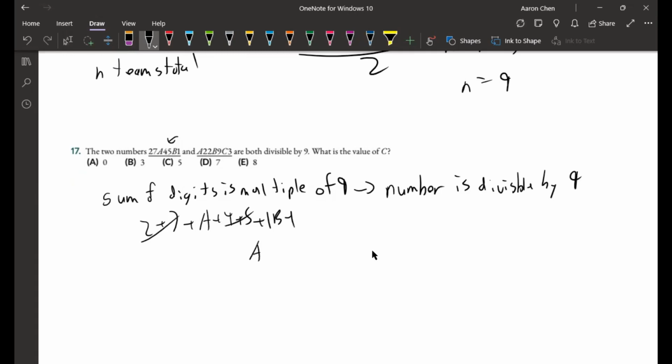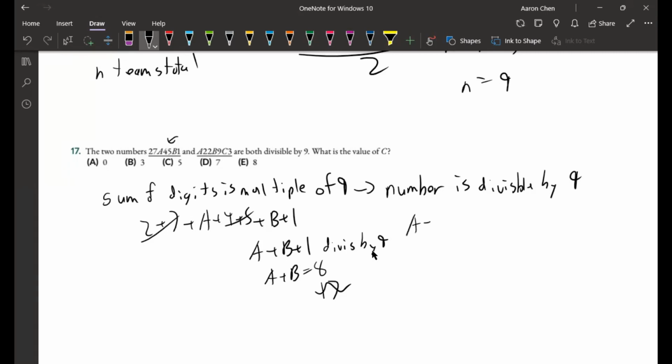So now we have A plus B plus 1 is divisible by 9, so A plus B is 8, or it could be 17. Larger numbers are impossible to reach anyway, so for convenience we can just make it 8.